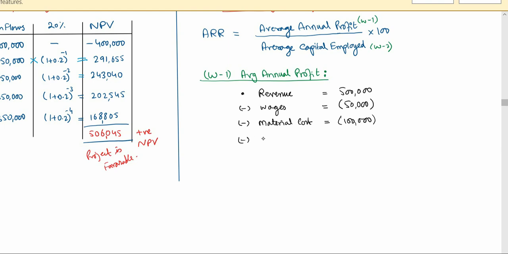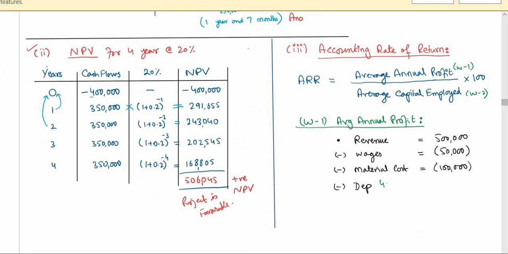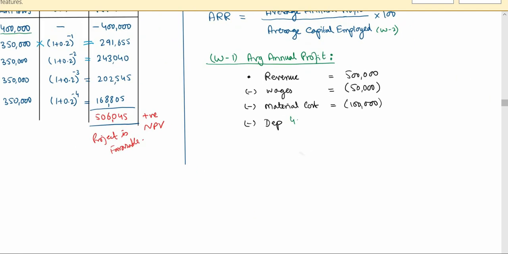And the last will be the depreciation: the cost of the asset is 400,000, depreciated over 4 years, so the depreciation expense will be 1 lakh.